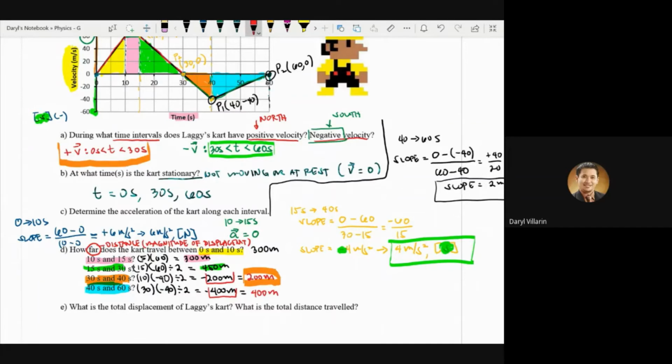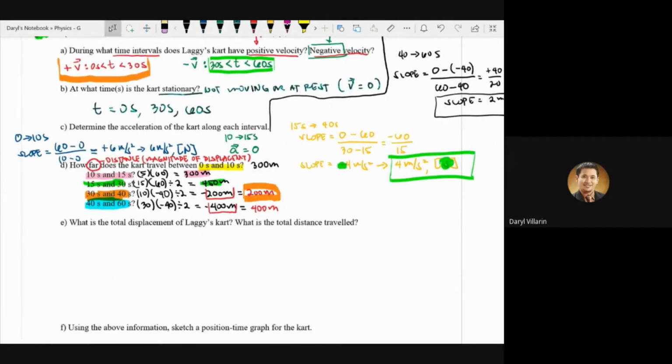So now for letter E, we will try to get the total displacement and the total distance. So for the total distance, just the magnitude of all of this displacement. So you have 300 meters plus 300 meters plus 450 meters plus 200 meters plus 400 meters.